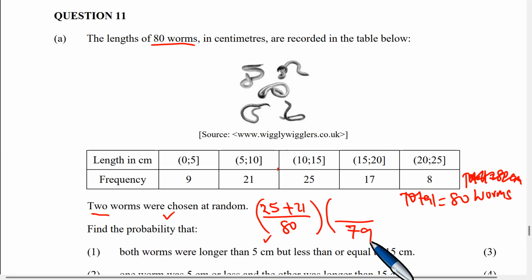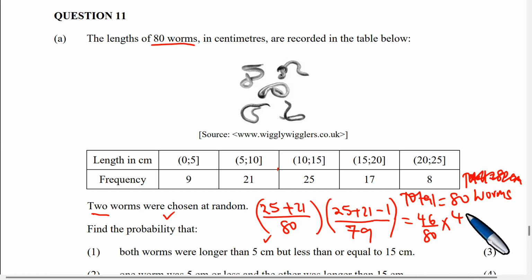And from those, you'll have to choose again from those between 5 and 15. So you are dealing with 25 plus 21, but you are minusing 1 that you took there. So this one is 46 divided by 80 times 45 divided by 79. And what is the answer?